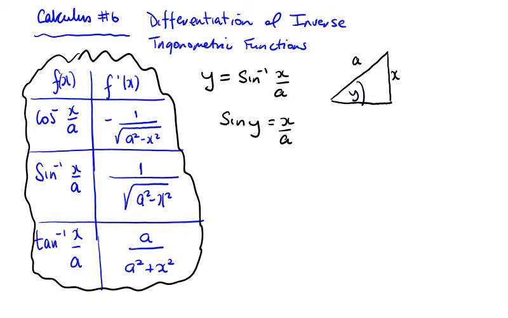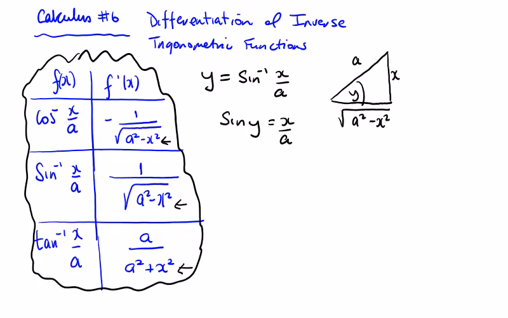So what would this side down here be? Based on your knowledge of Pythagoras, this is going to be the square root of a squared minus x squared. You can see this a squared minus x squared in here, and in here, and here it's a squared plus x squared because we're looking at tan. So the x and the a will be on the straight sides if we drew this triangle.